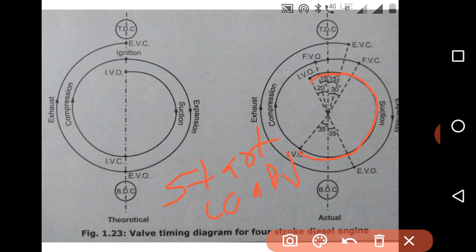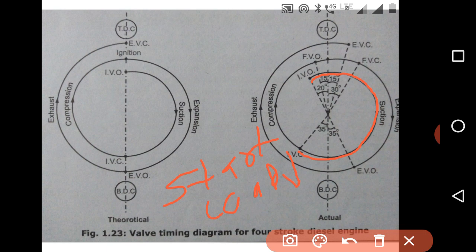But what will happen is that you have designed this valve timing for some medium speed level, so we cannot design this valve timing for slower speed, higher speed, or medium speed all at once.